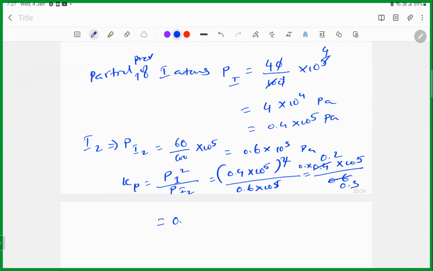Another 0.4. So 0.8 divided by 0.6, which is 0.8 divided by 0.3. It becomes 2.66 into 10 power 4 Pa, because the value gives 0.266, so 2.66 into 10 power 4 Pa.